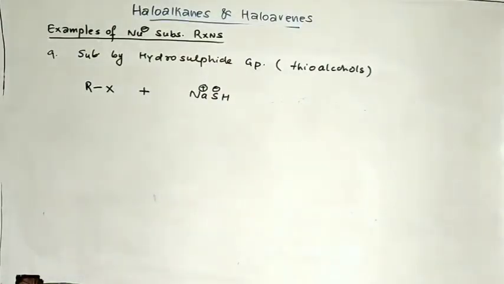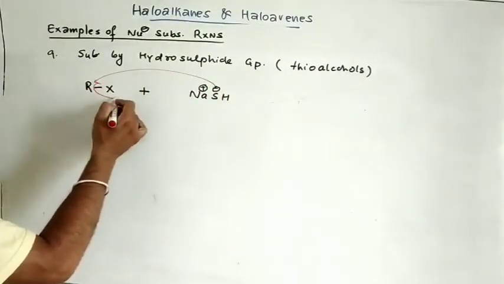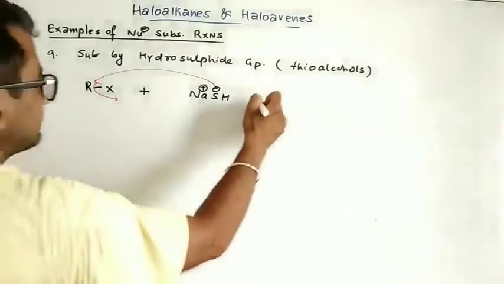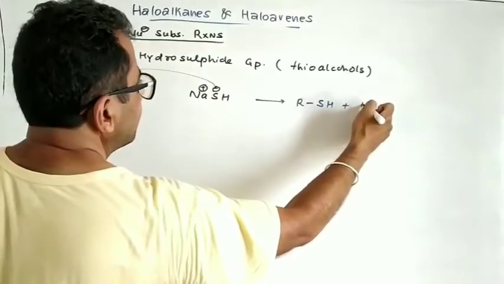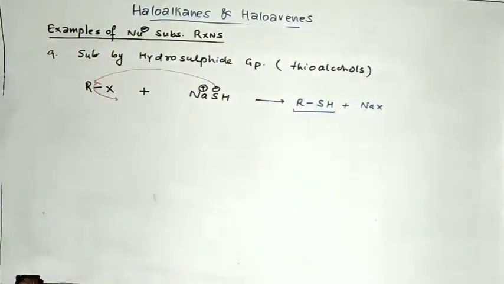Your SH negative is the nucleophile. It attacks on R, X is removed. So we get R-SH. This is a thiol. Alcohol is ROH, thiol is RSH.